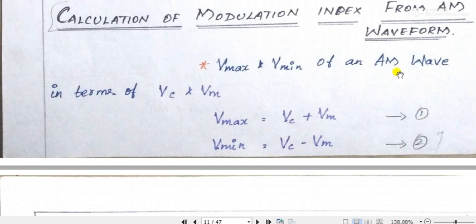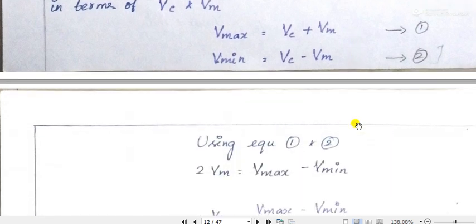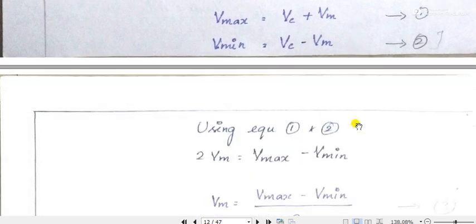Calculation of modulation index. Let us find Vmax and Vmin of an AM wave in terms of Vc and Vm. Maximum voltage is equal to Vc plus Vm, and minimum voltage is equal to Vc minus Vm. From the diagram we can understand that the maximum voltage is Vc plus Vm. Now we are going to calculate the modulation index.